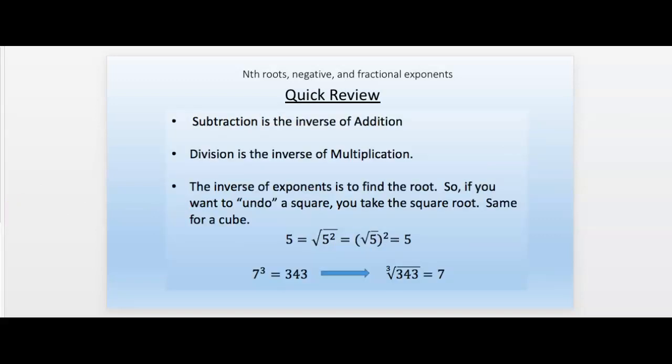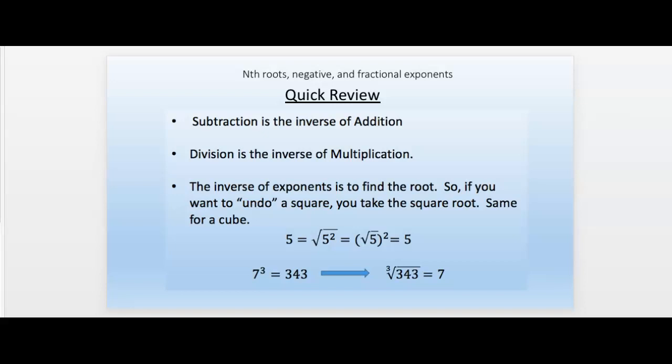And guys, subtraction, of course, is the inverse operation of addition. And division is the inverse operation of multiplication. Guys, the inverse of exponents is to find the root. All right, finding the root is the inverse operation of raising something to an exponential power.